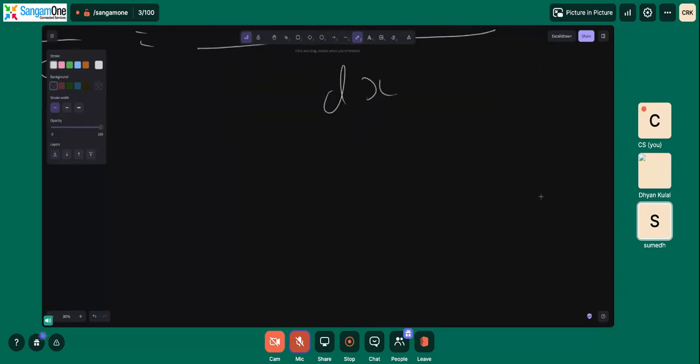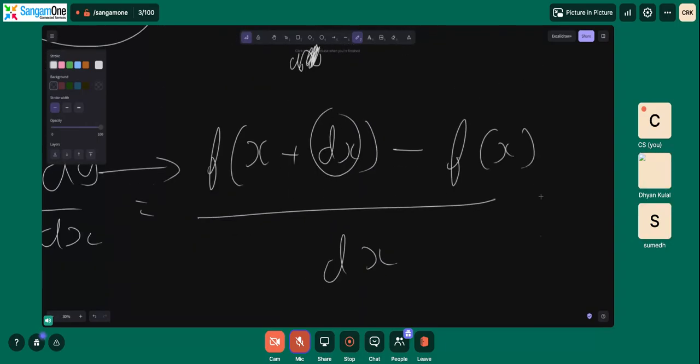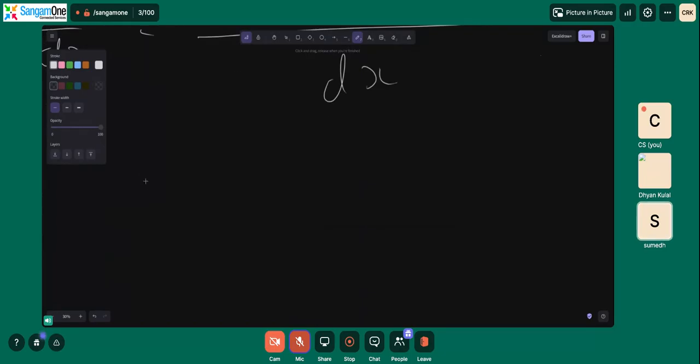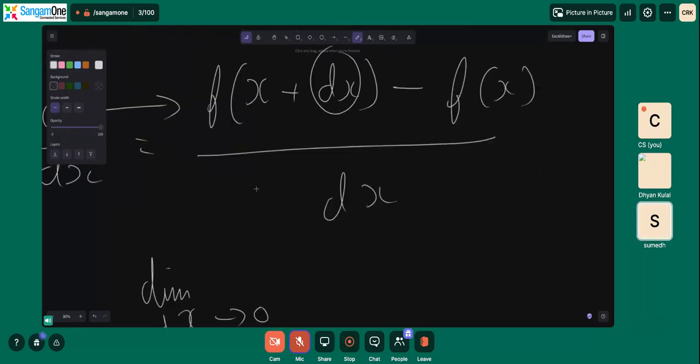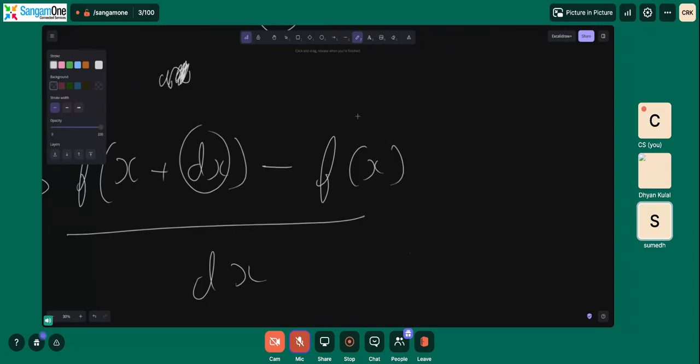Now let us try to limit this function. Let us apply limits here. Limit dx tends to 0. When dx becomes 0, this becomes not defined, right? Why will it become not defined? When dx becomes 0, f of x minus f of x is 0, and dx is 0, so it is not defined.